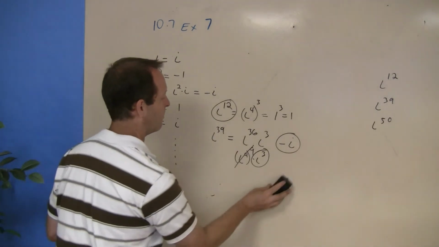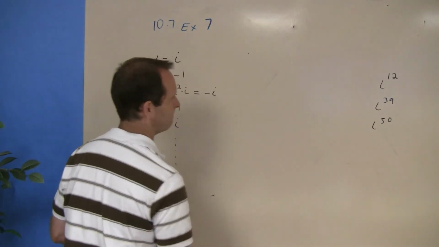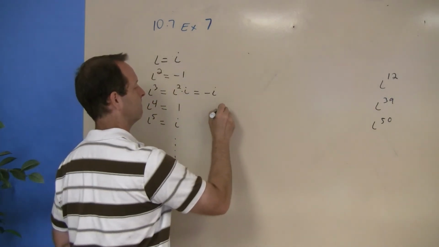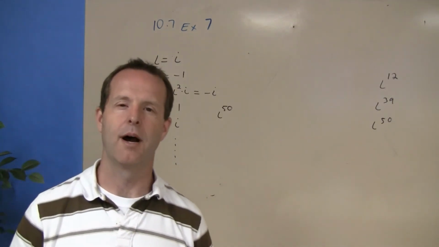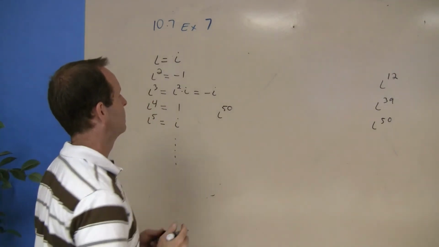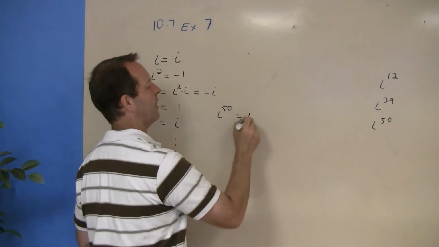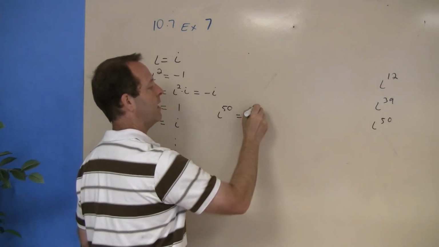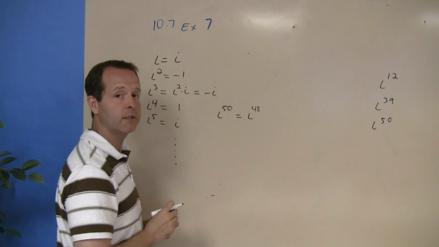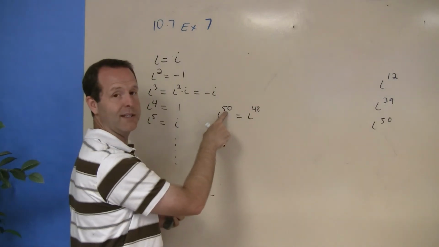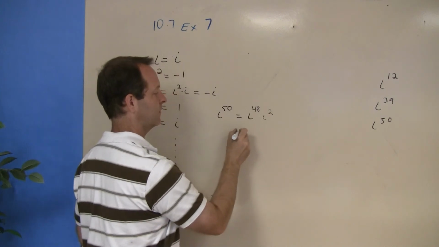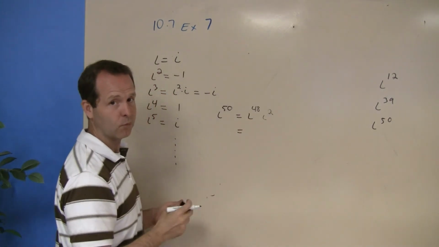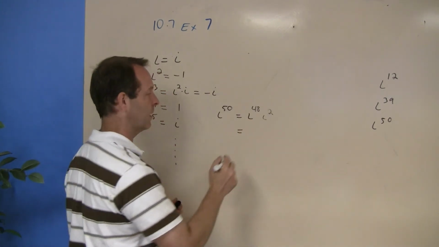All right, let's look at one more. How about i to the 50th? What would you do in this problem? Well, the first thing I would do is write it down as i to the 48th, because that's the largest multiple of 4 before 50, and I'm left over with i squared. i to the 48th is going to become a 1, but let's do it anyway.